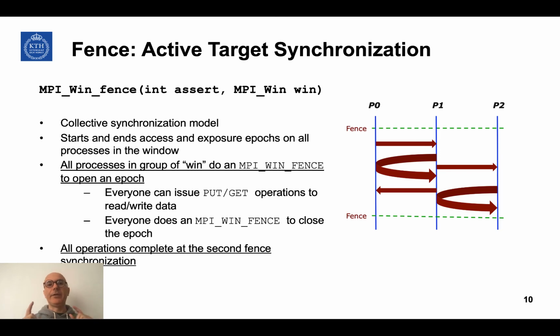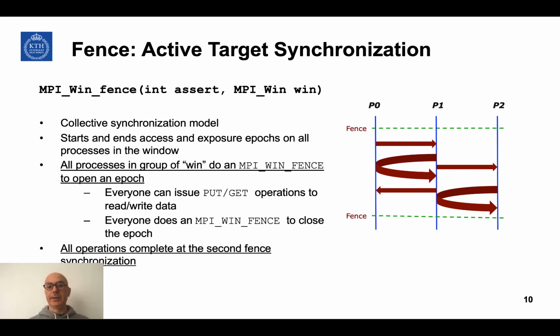Let's look at the first synchronization, that is active target synchronization, called MPI fence. This provides a collective synchronization model. It starts access and exposure epochs on all the processes in the window. All the processes in the group of the window do an MPI_Win_fence to open an epoch.